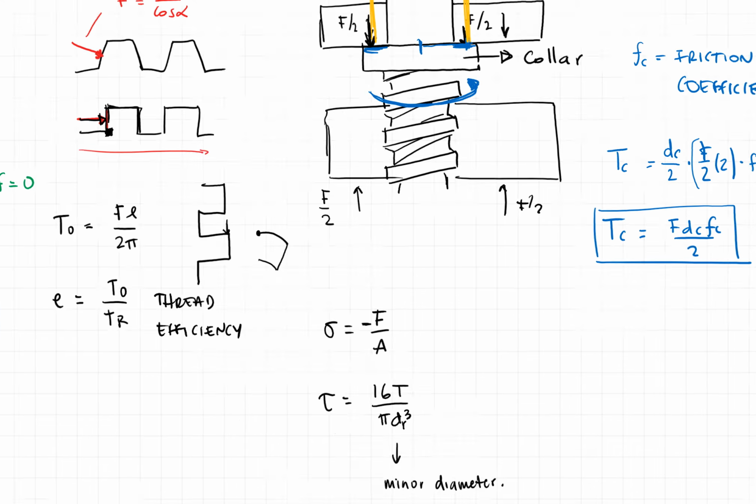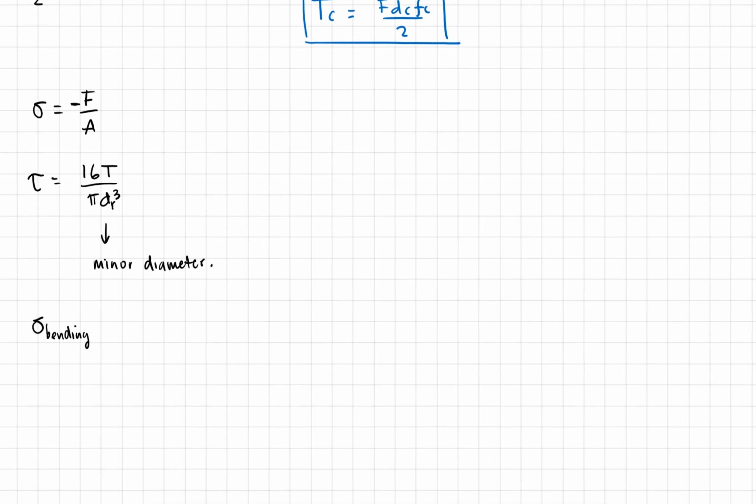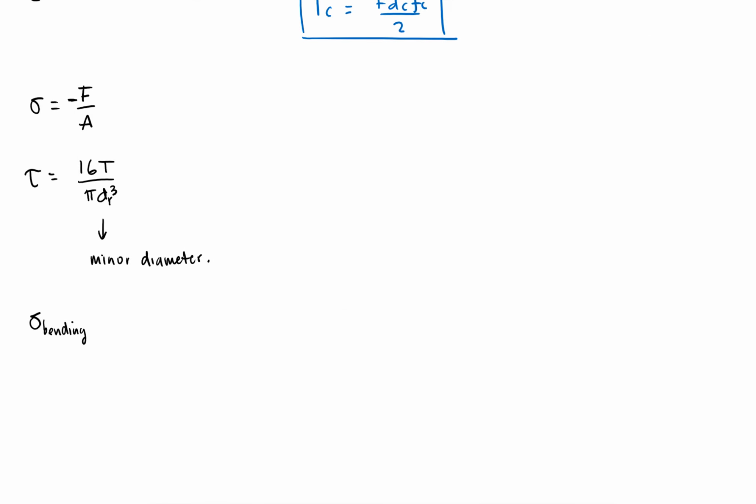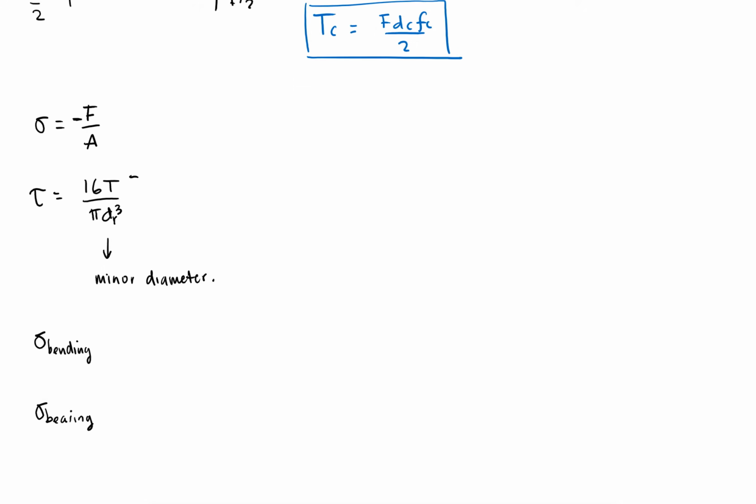There's going to be bending, but also, and that's why I didn't use sigma sub b, bearing, the bearing stress from the actual surface area of the thread itself. So this is pretty much written already, the shearing stress due to the torque, and I know the torque, so basically I just need to substitute all those variables to get the tau.